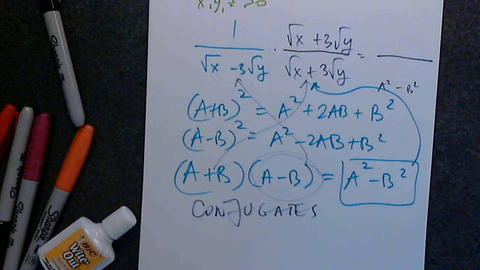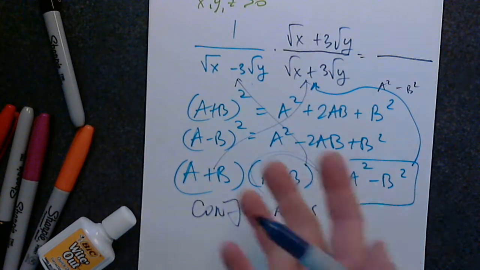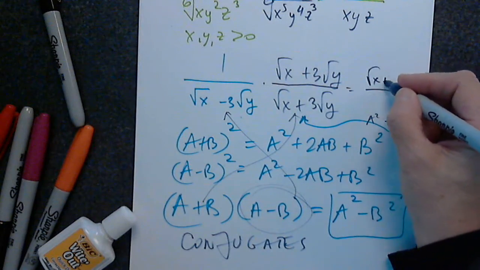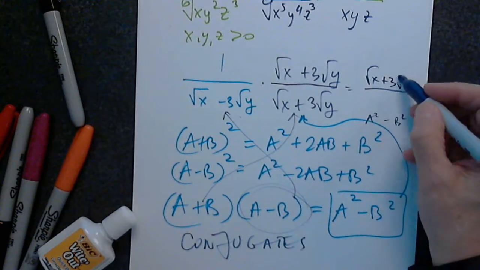A plus b and a minus b are conjugates. So the initial denominator had the square root of x minus 3, the square root of y. We have to multiply by the conjugate of that. The conjugate is identical but has the opposite sign in between. The numerator has no problem. When I multiply these two, this is what I get.